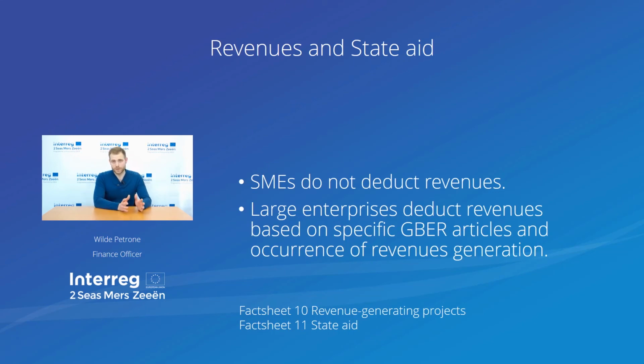Where it's more complicated, based on the focus of the Commission on SMEs rather than on large enterprises, is that large enterprises will have to deduct revenues in case they select specific GBER articles or based on the occurrence of the revenue generation. This is to be counter-checked when you are applying, and we expect that you fulfill these conditions as well. More information can be found on the two fact sheets developed on revenue generation and on state aid, fact sheets 10 and 11 of the program manual.